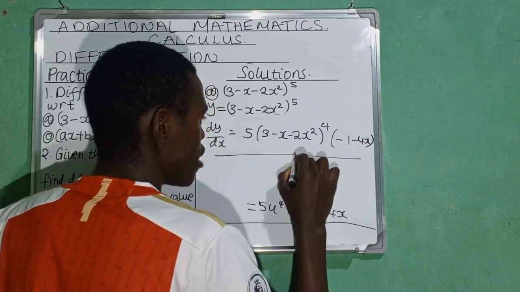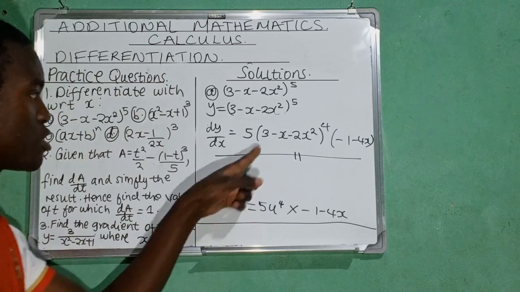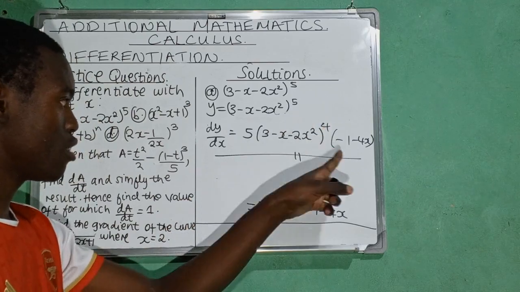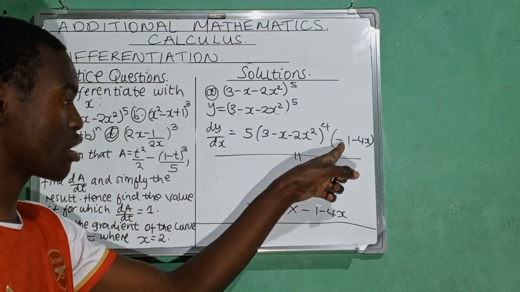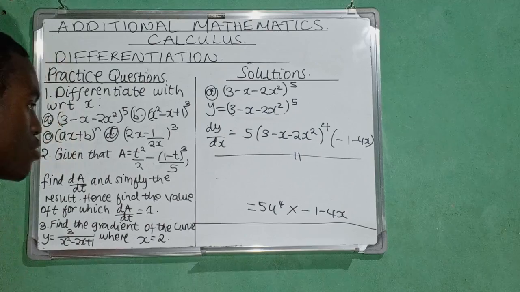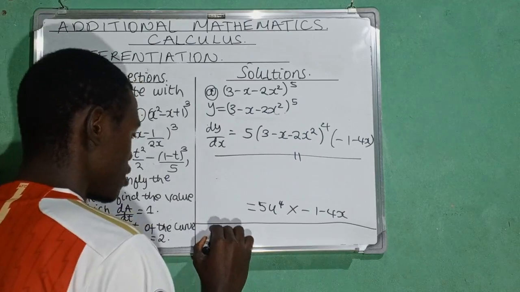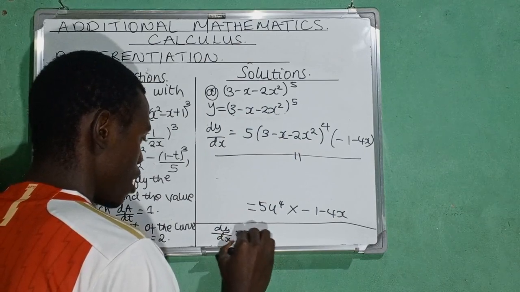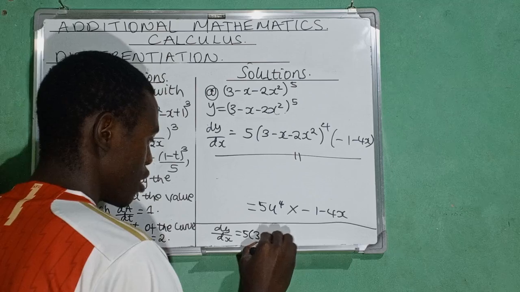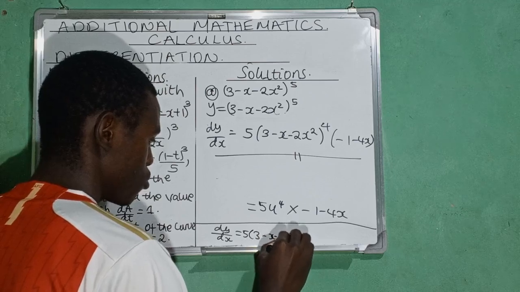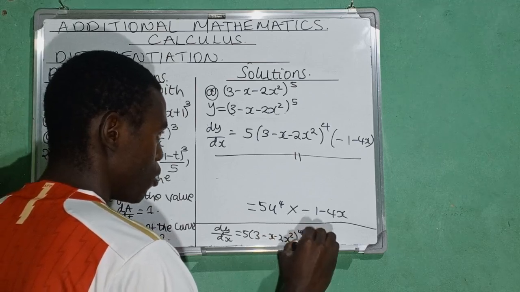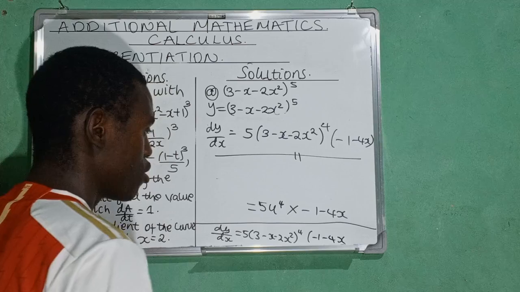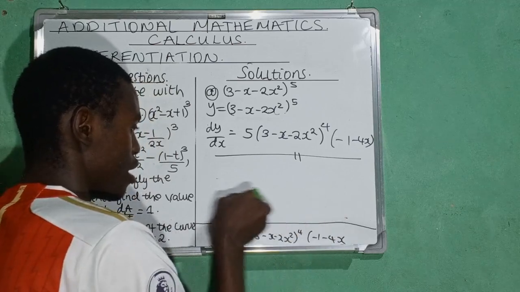So 5 multiplied by 3 minus x minus 2x squared raised to the power 4, then multiplied by negative 1 minus 4x. So dy dx is equal to 5 multiplied by 3 minus x minus 2x squared raised to the power of 4, then negative 1 minus 4x. This is your answer for question A.